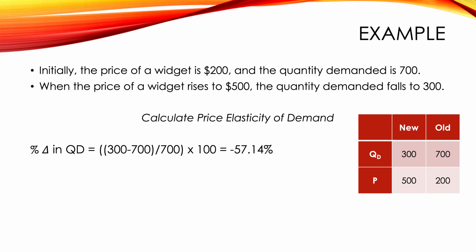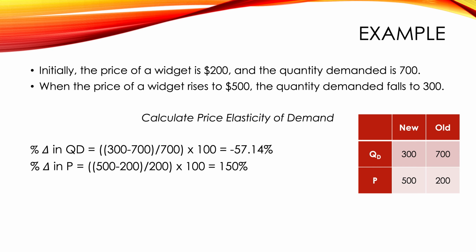So if you do all this math, you're going to get negative 57.14%. There's our negative number, so we know the other one has to be positive. Then, if we do percentage change in price, that's our new price, 500, minus our old price, 200, divided by our old price, 200. Take all that, multiply it by 100, you get 150. So now when we need to calculate price elasticity of demand, we have the two values that we need.